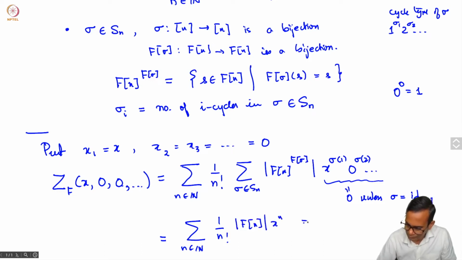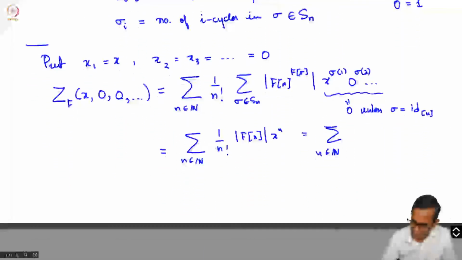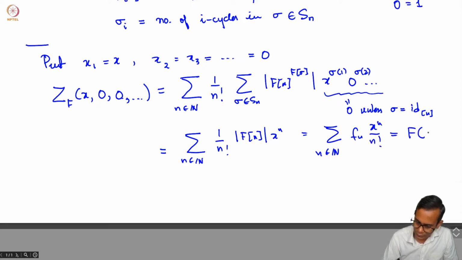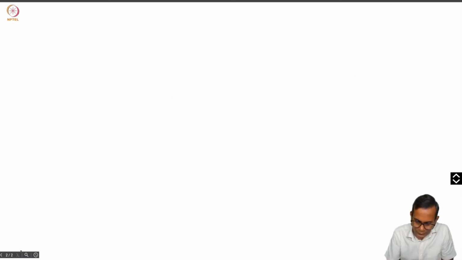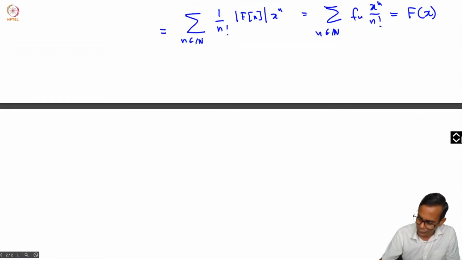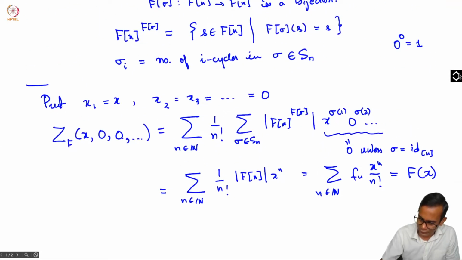And so this is nothing but the summation over n of |F[n]| x to the power n over n factorial, which is the generating series of the species F. This is already interesting in the sense that you can recover the generating series of F from the cycle index series.